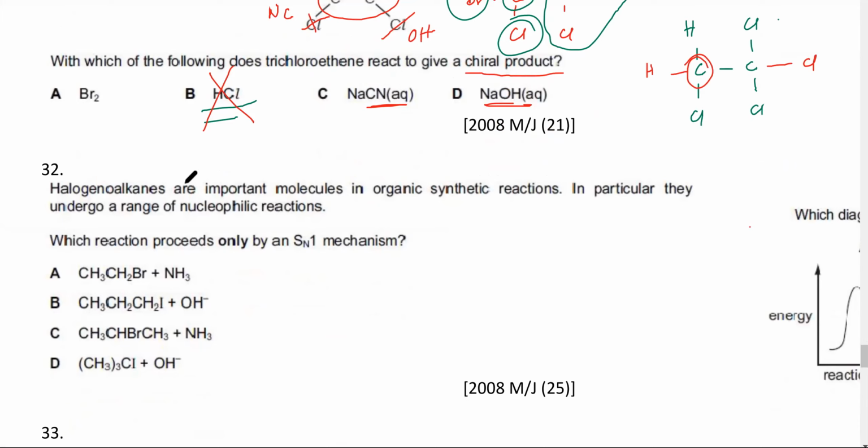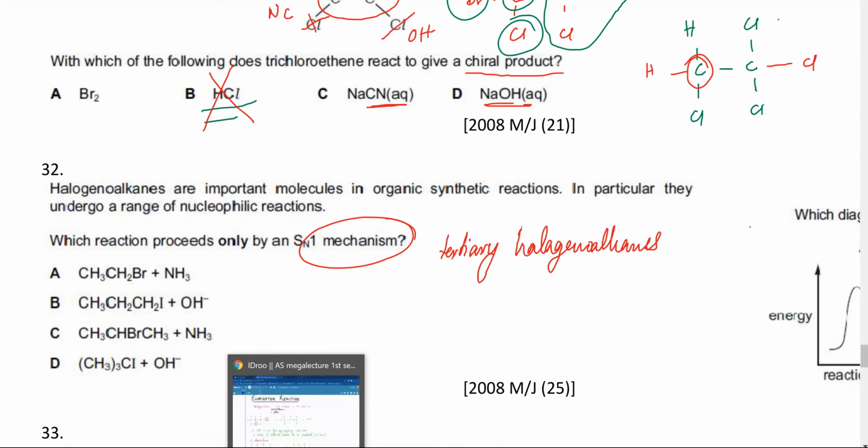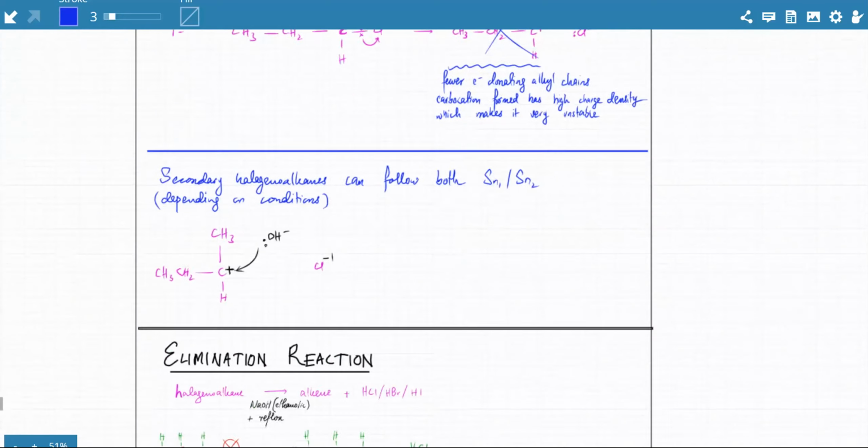Achha, then you have halogenoalkanes are important molecules, in particular they undergo a range of nucleophilic substitution, which reaction only proceeds with SN1 mechanism. ये tertiary halogenoalkanes थे.